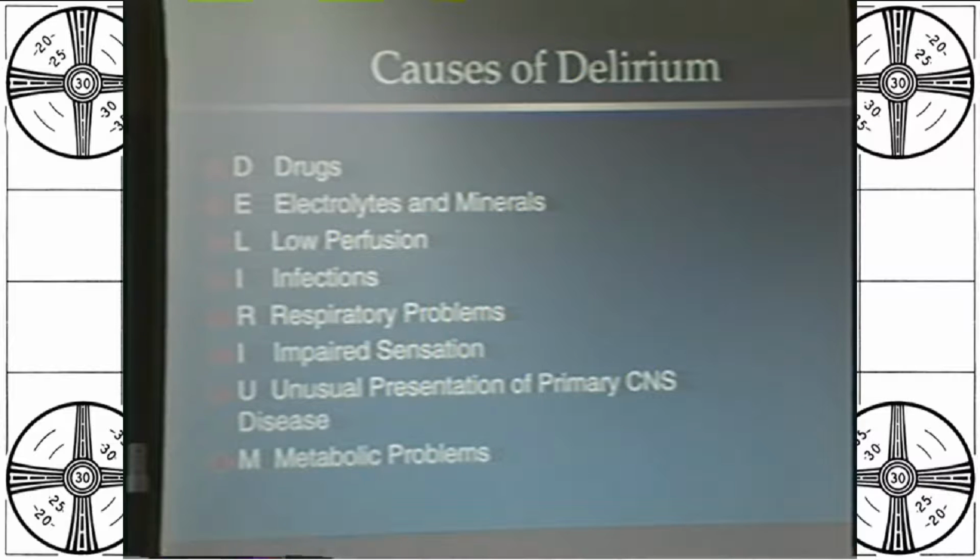I is for infections, and it can be any kind. Pneumonias and urinary tract infections are probably the most likely, but even an influenza or a severe viral illness can do this in a susceptible person. One of my most enjoyable patients I ever took care of was a 99-year-old retired optometrist who was a very bright and interesting person, but got the flu and was truly delirious.